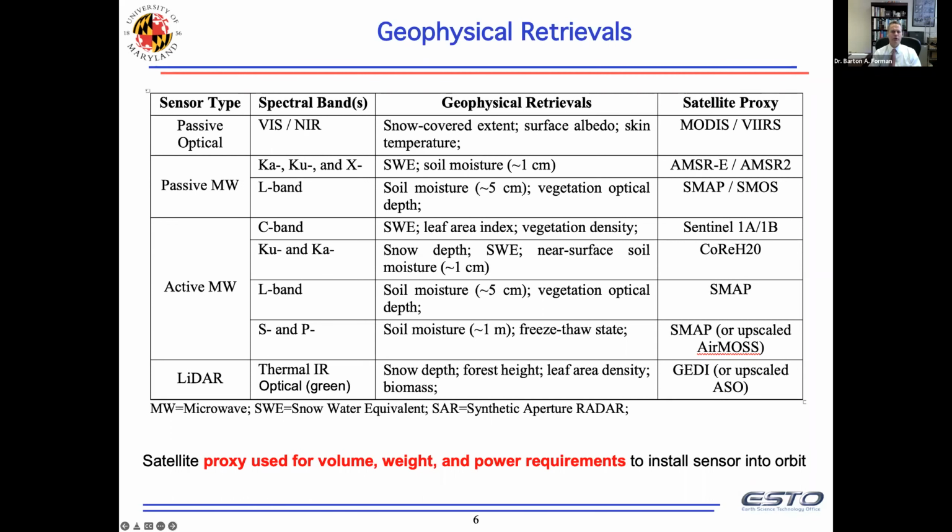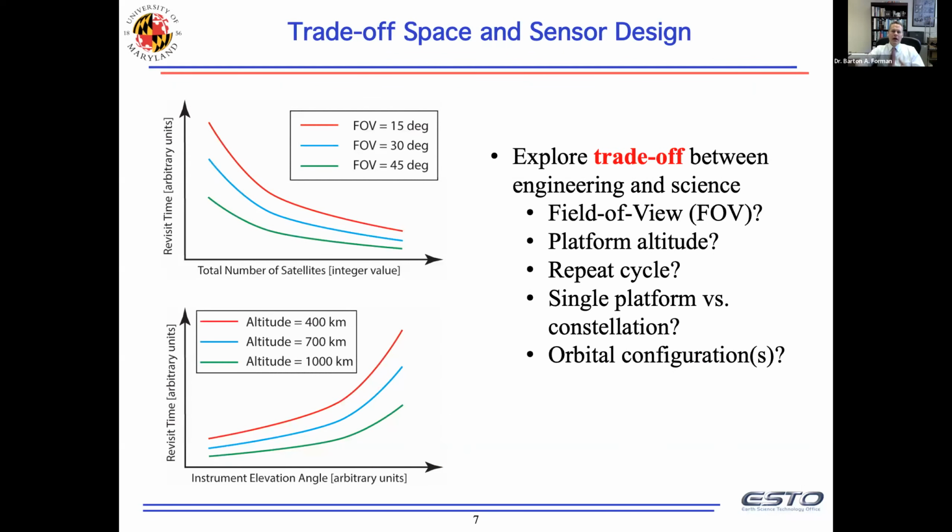We have a number of retrievals. And when we think about these retrievals, there's a very large trade-off space that we need to consider. So in this upper left figure, FOV stands for field of view. So we could have a field of view arbitrarily at 15 degrees or 30 degrees or 45 degrees.